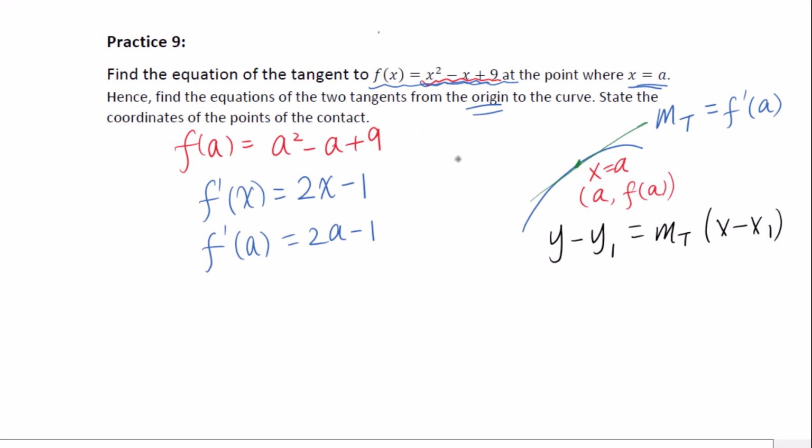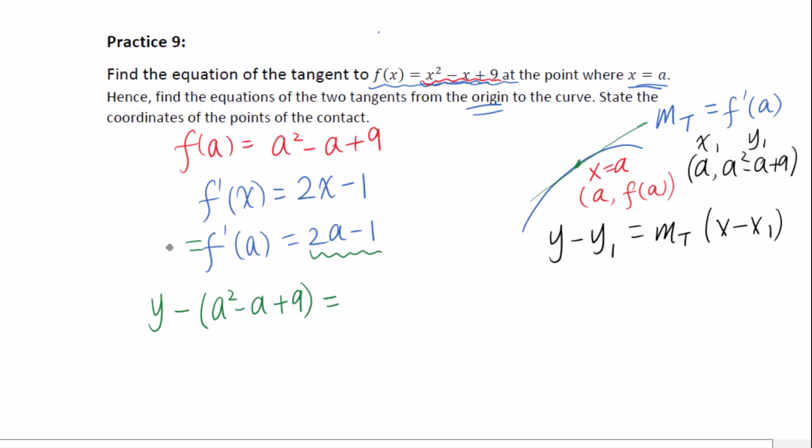We are already given the point here, a and a squared minus a plus 9. This is x1, y1. And the slope is 2a minus 1. So we can write down y minus parentheses a squared minus a plus 9 equals the slope of the tangent line, 2a minus 1, times x minus a.